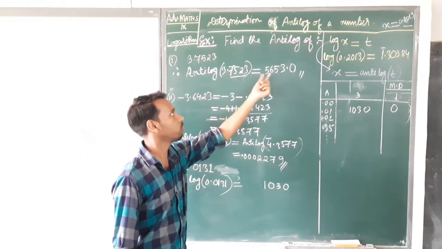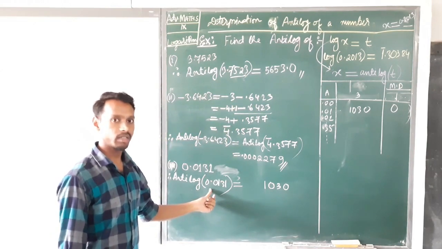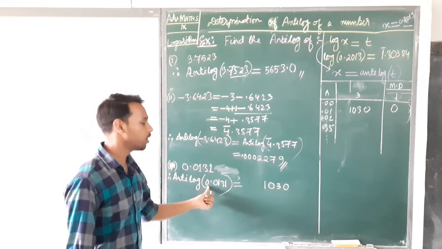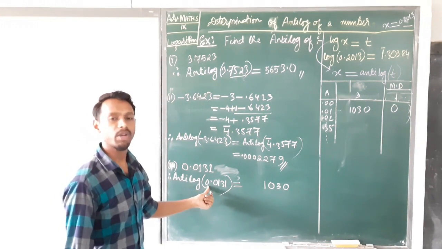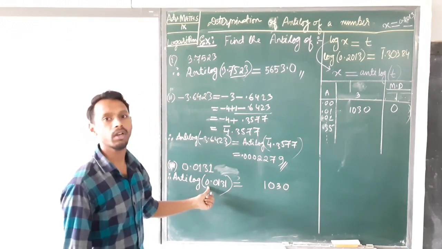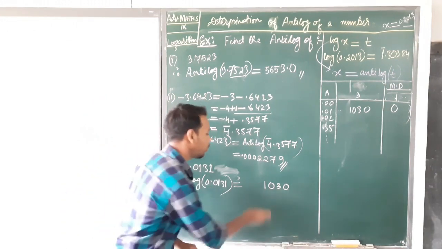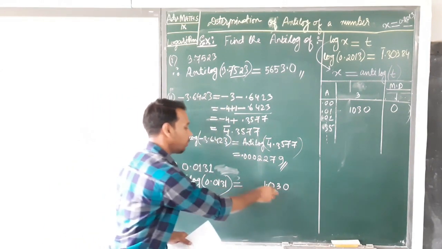So this was 3, so 1, 2, 3, 4. Here it is 0 only. If it is 0, we have to put the decimal after how many digits? 1 more than this 0. So what is 1 more than 0? It is 1. That means the decimal will be put after 1 digit from here. Follow? So the answer is 1.03.